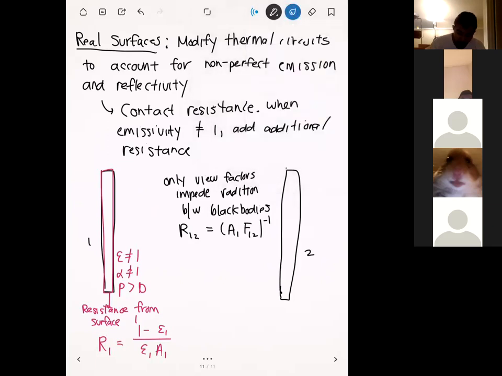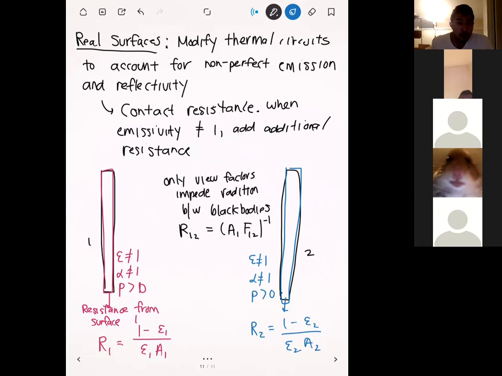Then we're going to have the same thing for surface 2. If that one's a real surface, where epsilon does not equal 1, absorptivity does not equal 1, and the reflectivity is greater than 0, what we have from this is also R2 equal to 1 minus epsilon 2 divided by epsilon 2 A2.